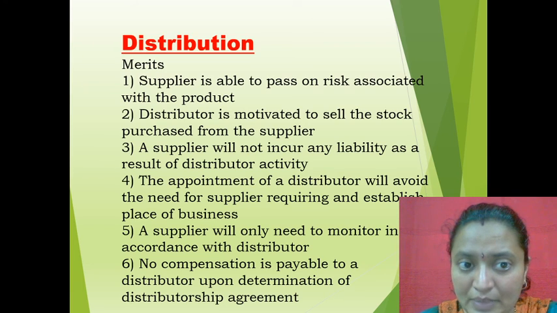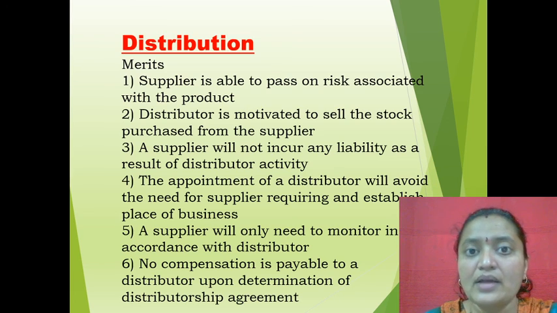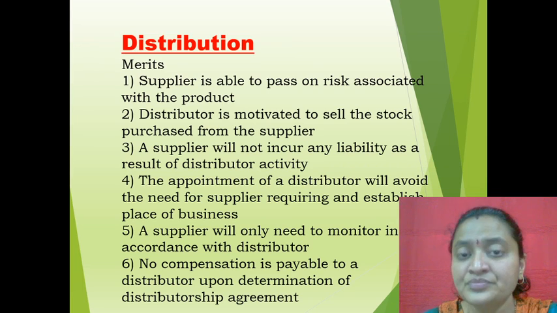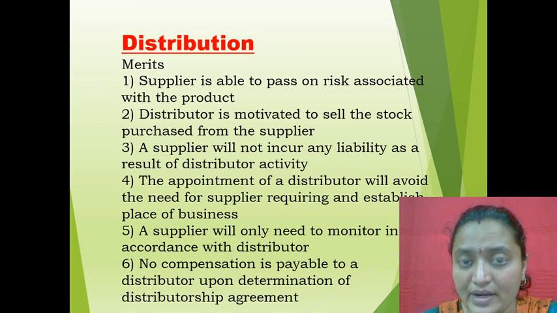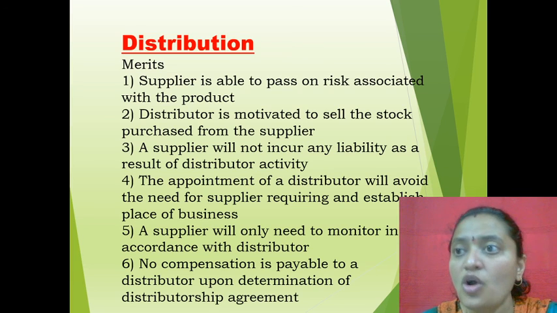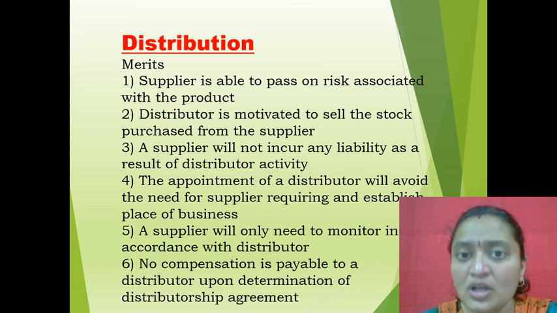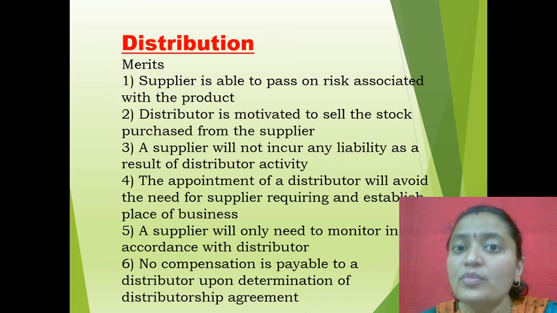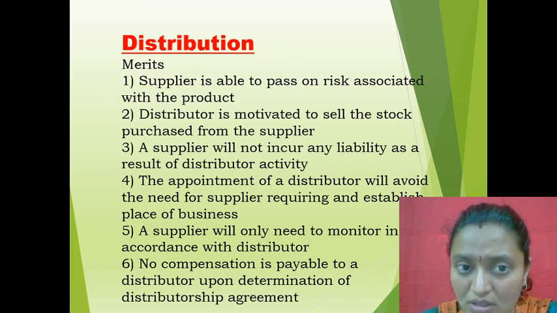Remember the basic terms, who is called a supplier and who is a distributor, and how the goods are distributed. Also remember that in case of any defect or damage of goods or any loss incurred, how such losses can be overcome, and at whose risk it is, the supplier or the distributor. So this is all about distribution, and these are the merits and demerits.